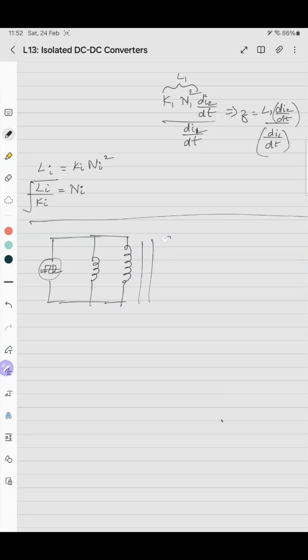And then in the secondary we have multiple secondary windings. This is I2 and this is I3. This is I1 dash, and this is IM, this is LM.